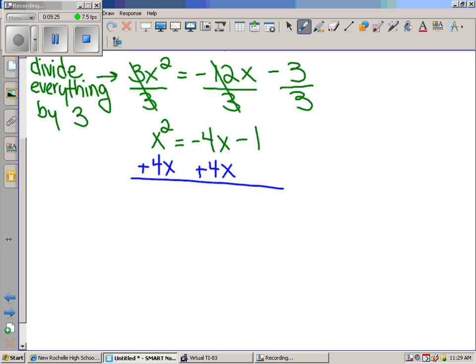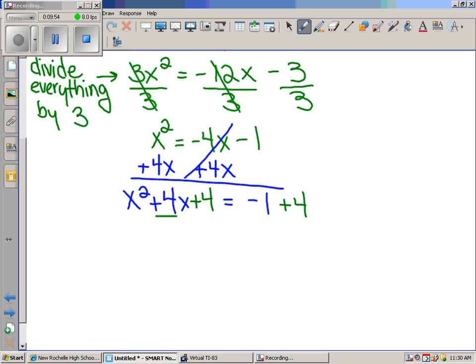So we got to add 4x to each side, right? Because we got to get numbers by themselves. We got to get constants by themselves, and everything else over to the other side. And then, ooh, I messed that one up because I told you we always have to leave a space when we're completing the square. Now, what are we going to add to each side? Yeah, we're going to add 4 to each side because b divided by 2 is 2, and 2 squared is 4.